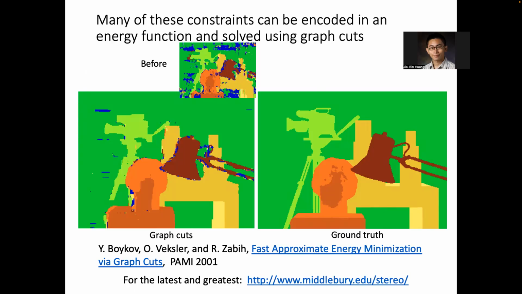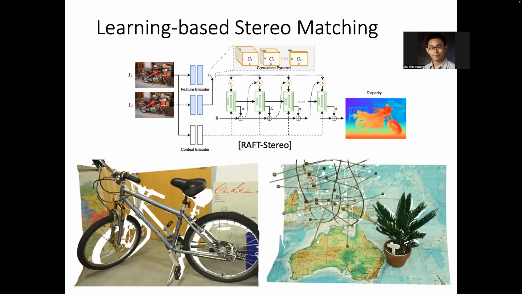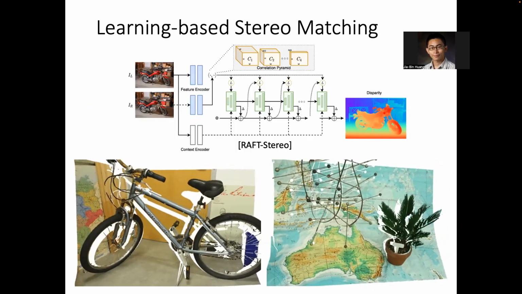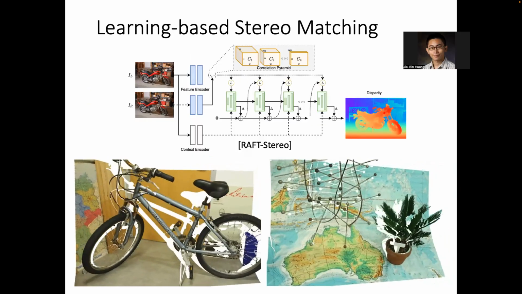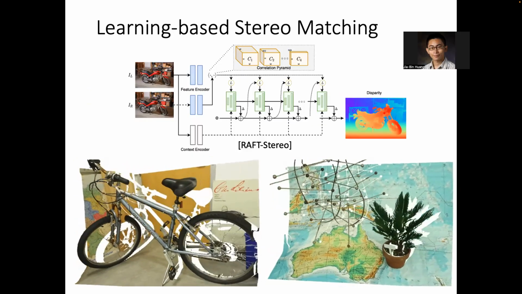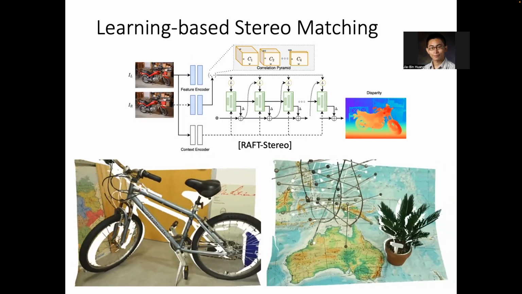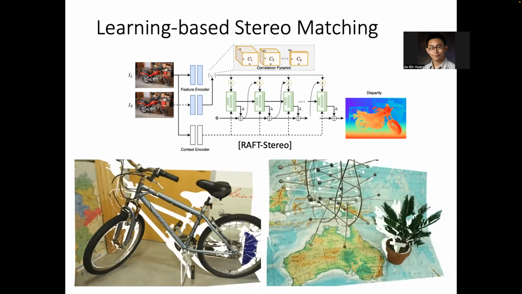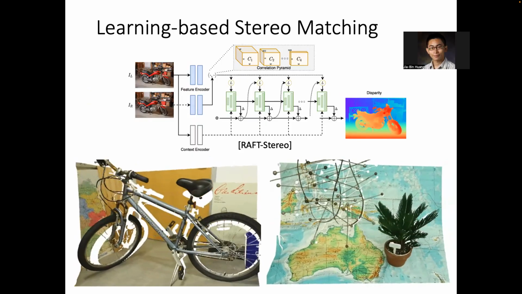Okay, so here's one example of what this can do. It still has the basic principle of stereo matching. You still need to look at the scan line and do the matching. But here, they are doing this matching in a deep neural network. You can see that with this, you are able to get much more accurate results.